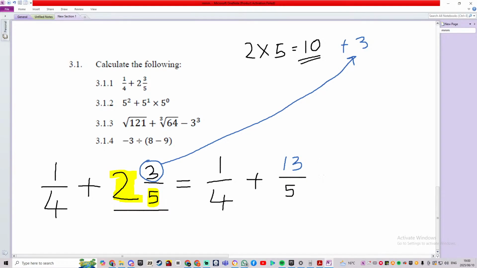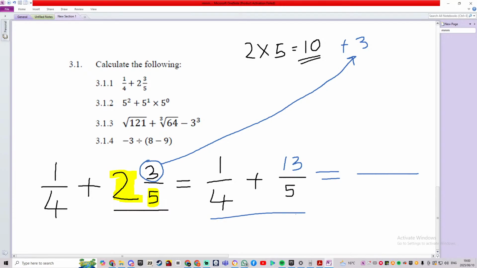Now, we're still not done and we're not using calculators. Yes, Regan, we multiply the 5 by the 2 and add the 3. Yeah, exactly like that. Okay, so 1 over 4 plus 13 over 5. How are we going to add these two fractions?